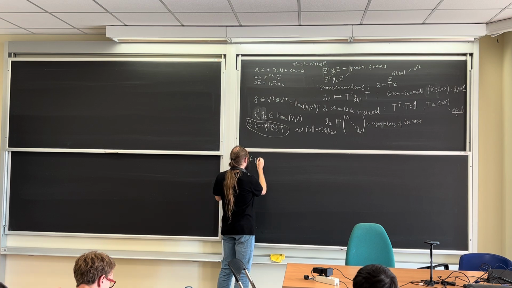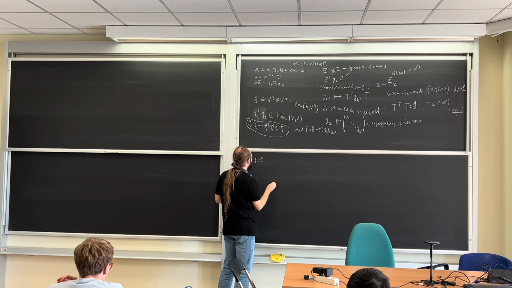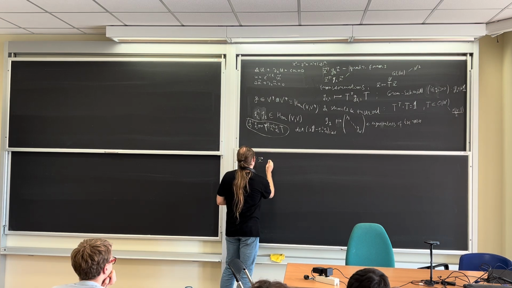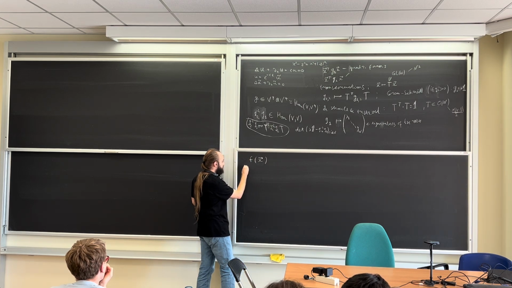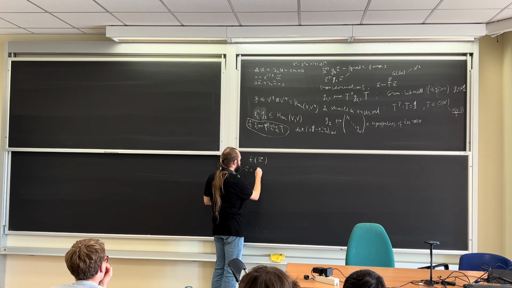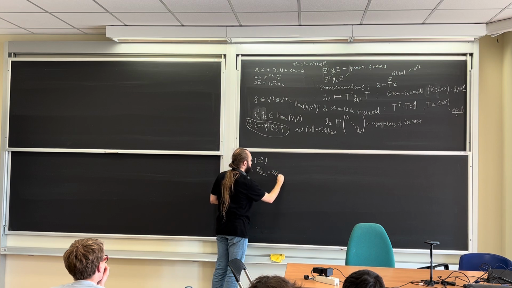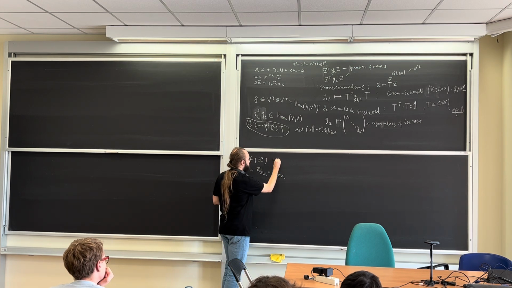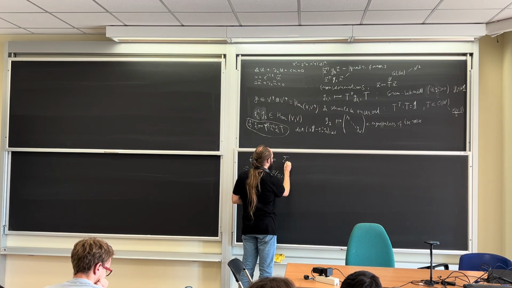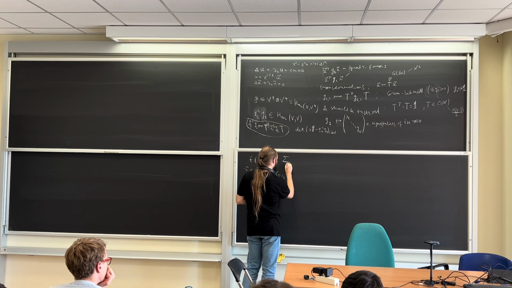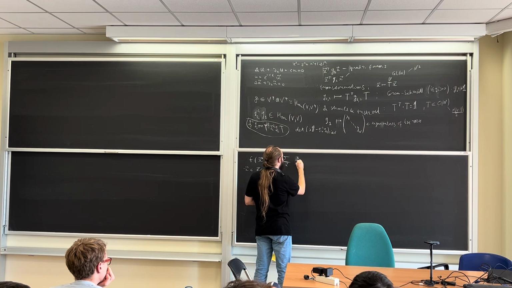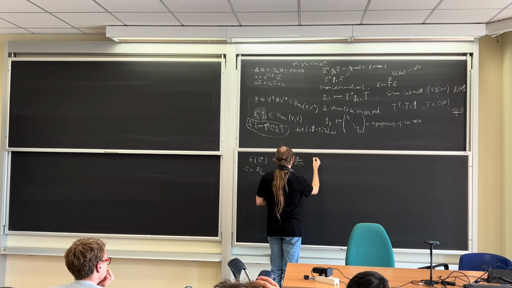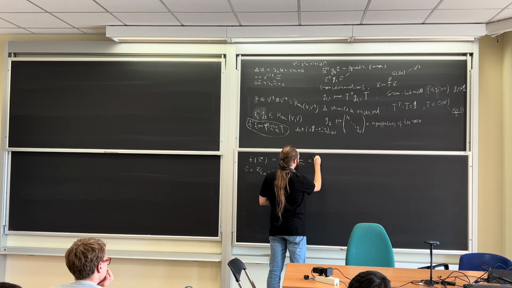The Fourier transform of a function of x, where x was in Z over n1 Z times Z over n2 Z, was given by a sum over x of the function times e to the power of 2 pi i over n1 and n2.